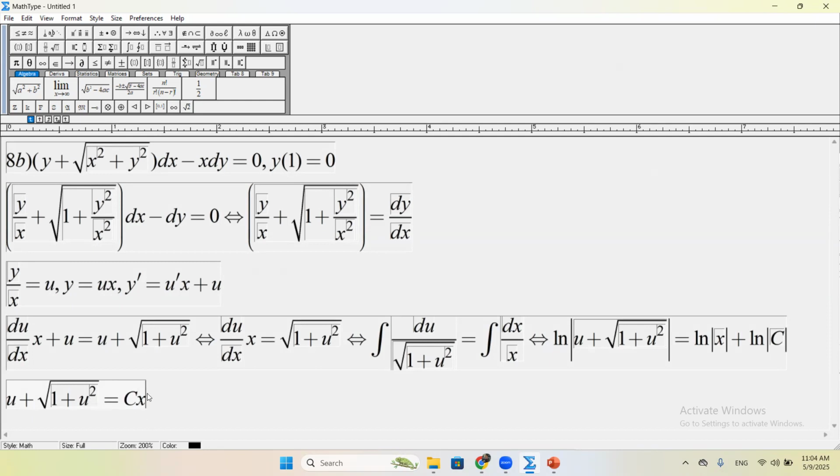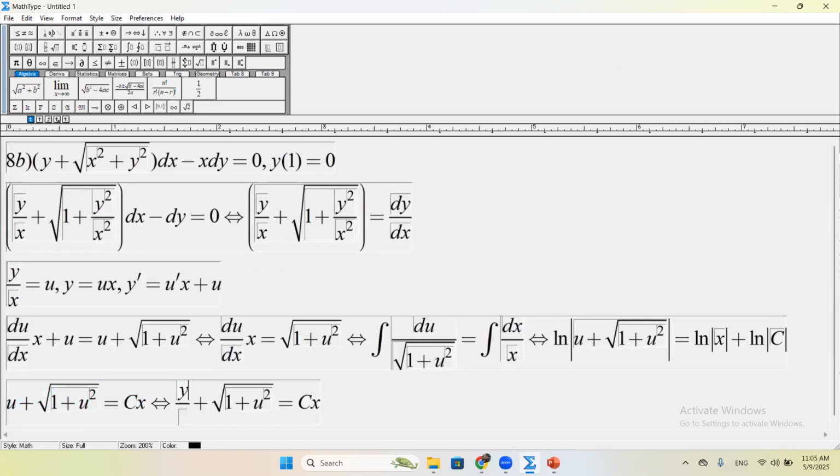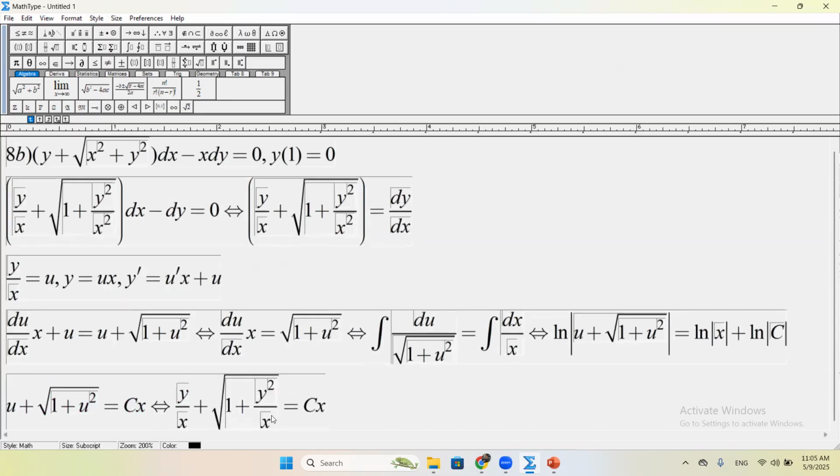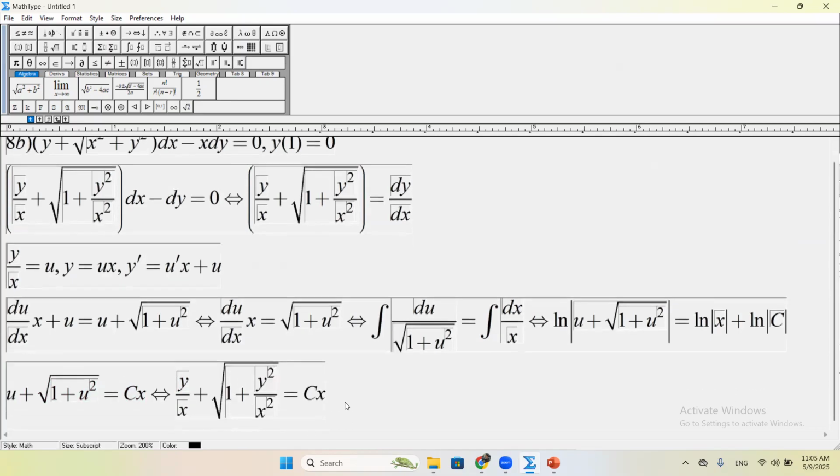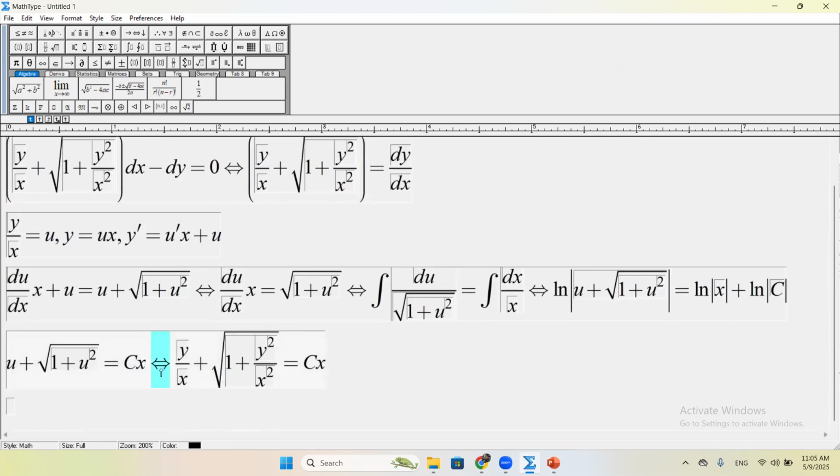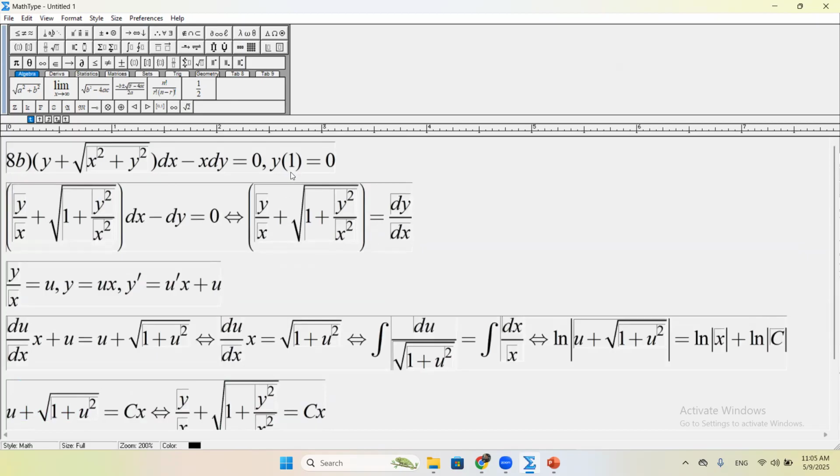So let's return to old variables. So y over x, and here y squared over x squared. And now let's find the constant. So what will be substituted? y of 1 equals 0.